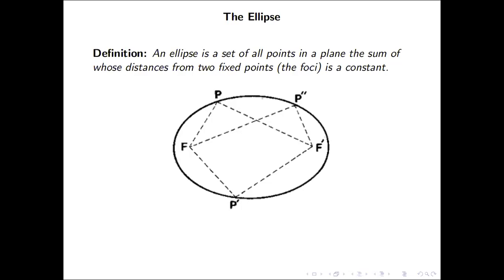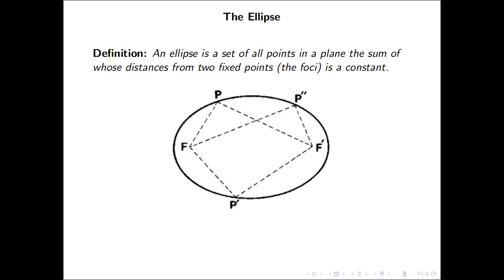Now, for this conic section, the ellipse, we have the definition there on the screen, and to define it, we need two fixed points, which are the foci. Same with the parabola, the fixed point there we call the focus, and the plural form would be foci.